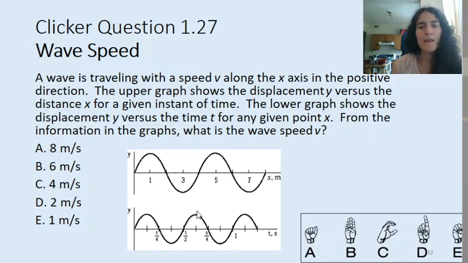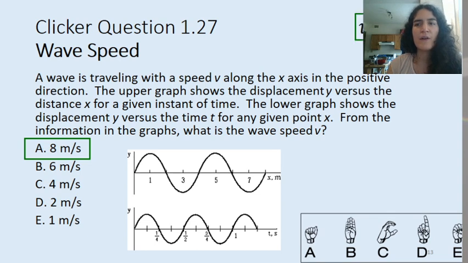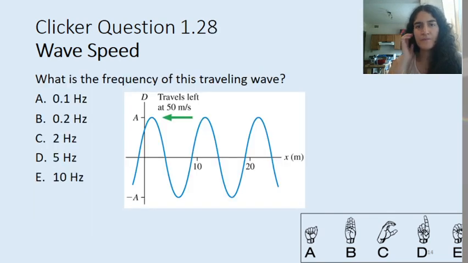Either way, I can tell that the period here is half a second. So if I divide wavelength, 4 meters, by period, half a second, I should get that the speed is 8 meters per second. Let's see if I was right. Good.